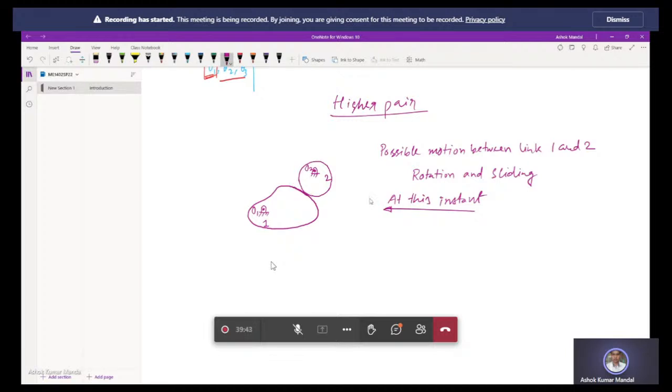Okay. Now, if you just draw the common normal to both the contacting surfaces here, imaginarily that will be a line like this.